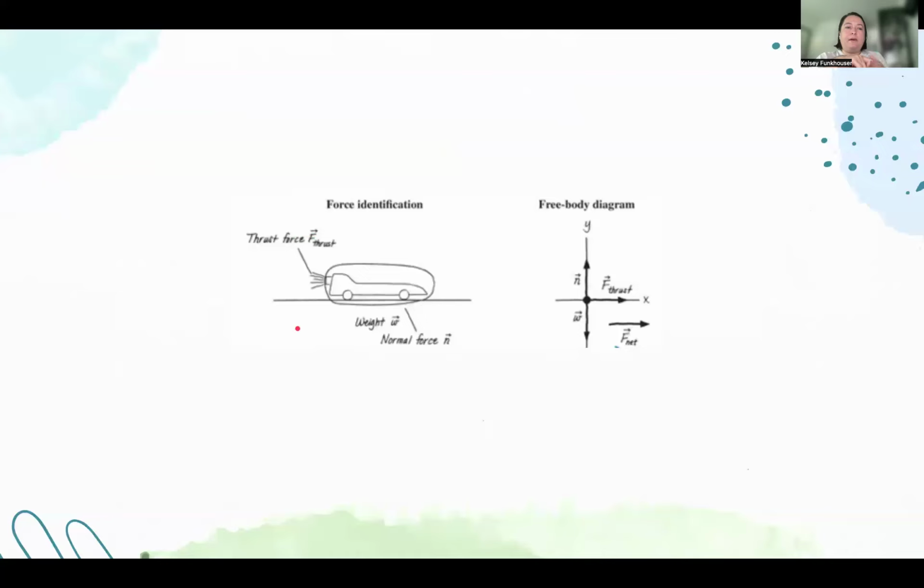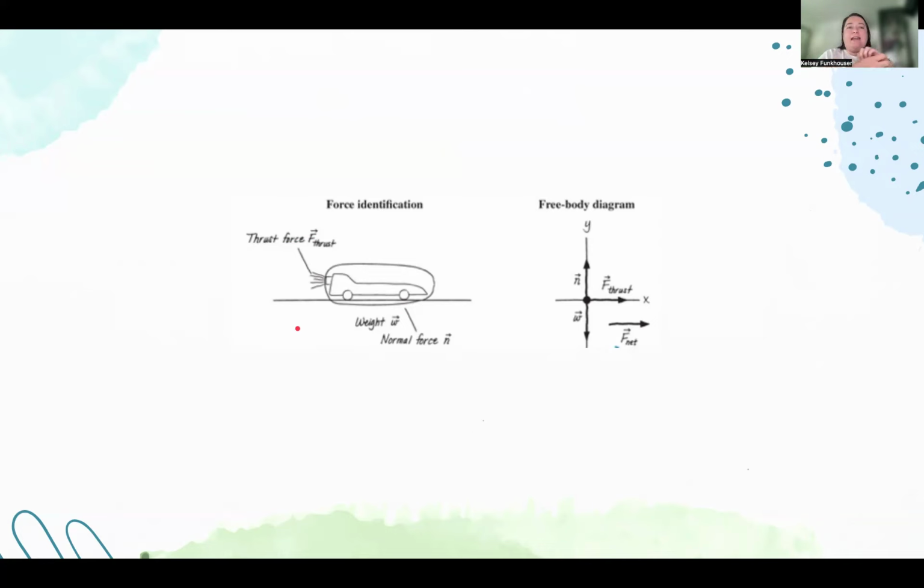So the next thing we want to think about is, okay, what direction do these forces act? I've already said weight force is going to be down. Okay, check, we've got that. Normal force is going to point perpendicular to the surface, or to where the two surfaces are interacting, so the ground and the tires.